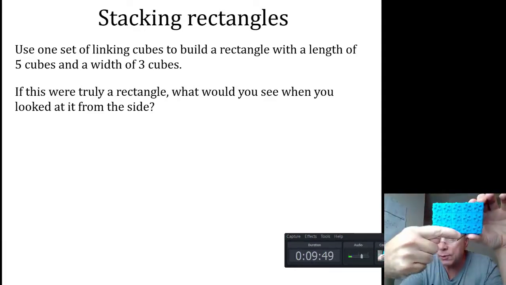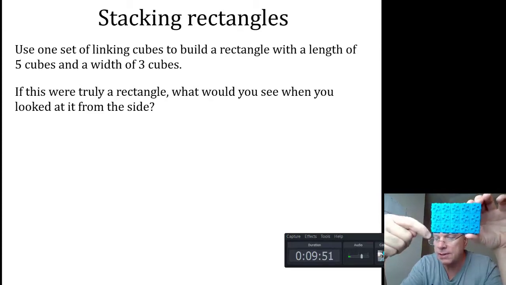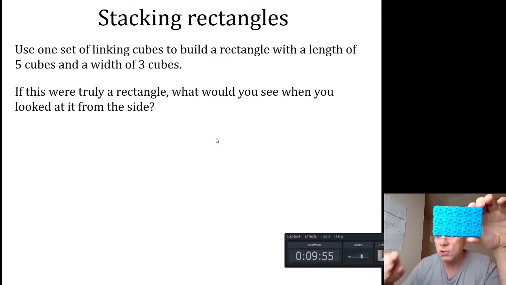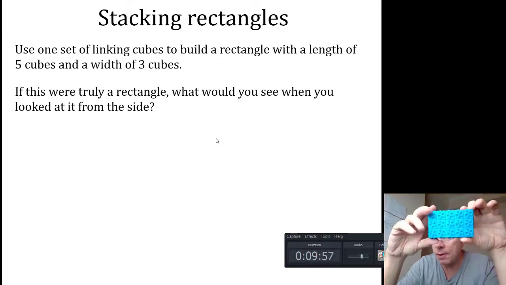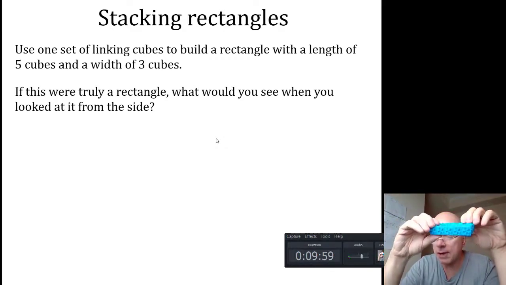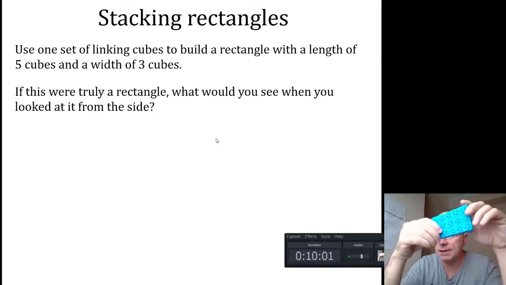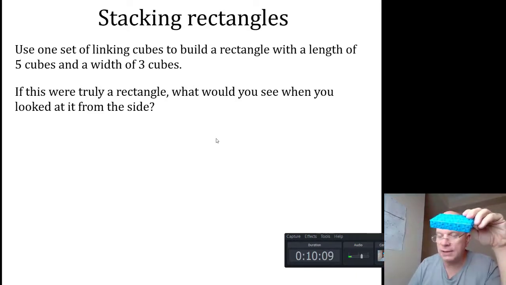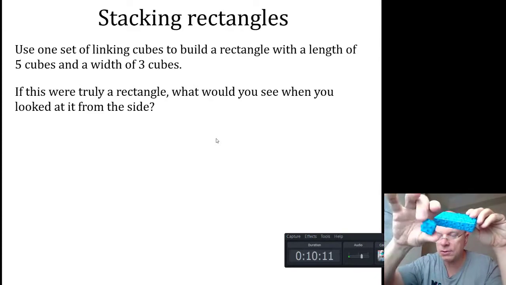So if this really were a 5 by 3 rectangle, it would be 15 inches squared or centimeters squared. But when you realize, oh no, it's made up of cubes, it's 15 cubes of three-dimensional space, that's 15 inches cubed or 15 centimeters cubed. It's literally 15 of these cubes to make it.